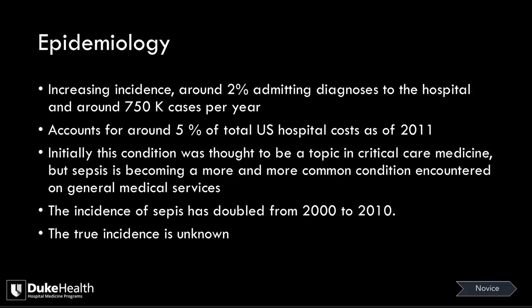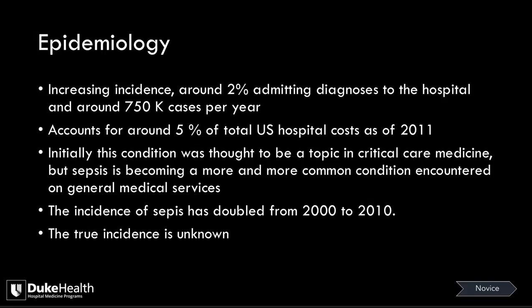Some have noted that the incidence of sepsis has nearly doubled from 2000 to 2010, and the true incidence of this condition is actually unknown. Some people purport that this increasing incidence of sepsis may be attributed to our aging population, the increasing level of comorbidity present in our patients, but also favorable coding in terms of reimbursement.